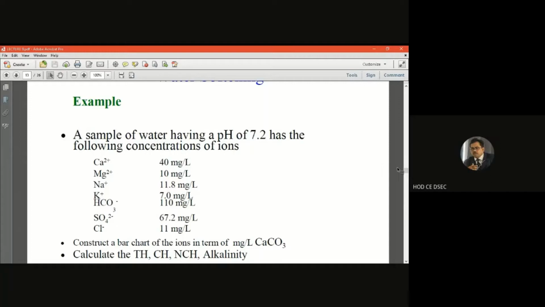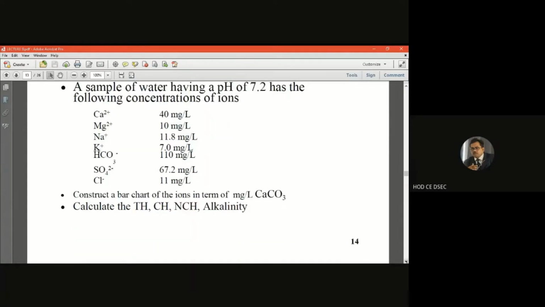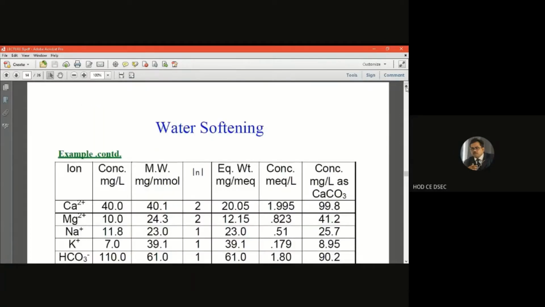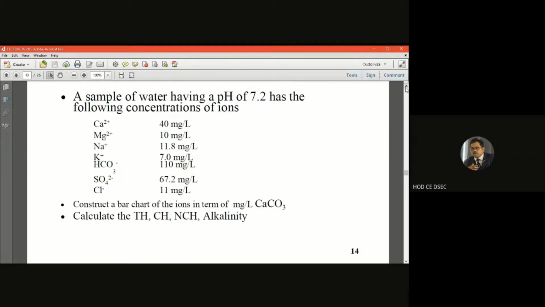And what are you asked for? You are asked in the problem to construct a bar chart of the ions in terms of milligram per liter as CaCO3. Why milligram per liter as CaCO3?